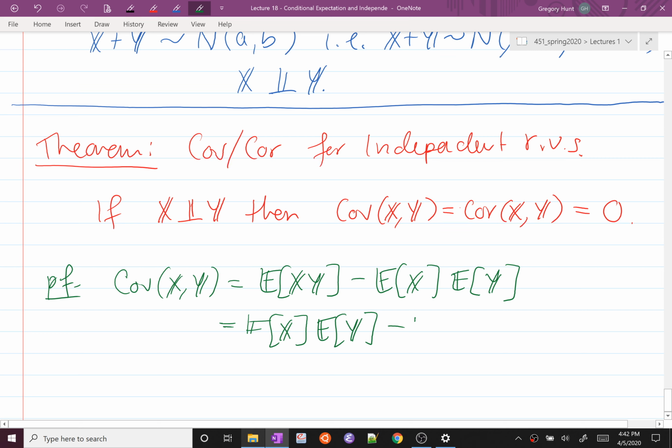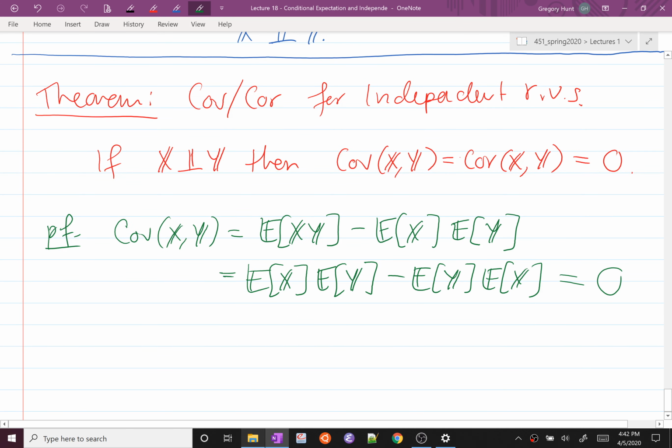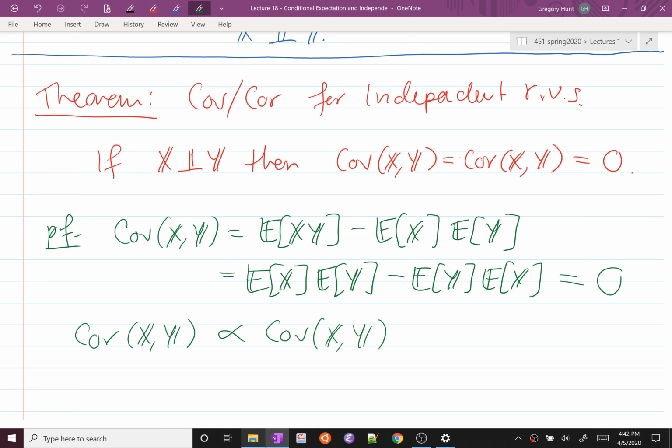And lo and behold, everything cancels. And notice that the correlation between x and y is proportional to the covariance between x and y. It's just a normalization factor. We divide through by the standard deviations, the square root of the variances. And so certainly if the covariance is 0, the correlation will also be 0. So this is 0 also.